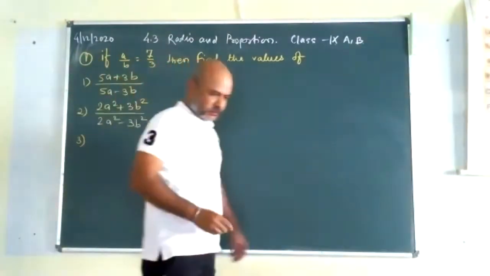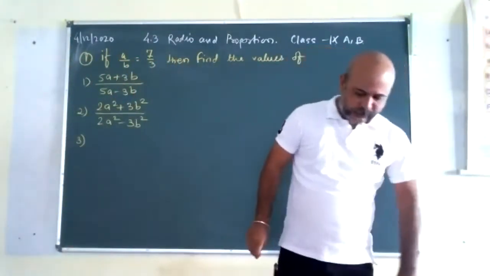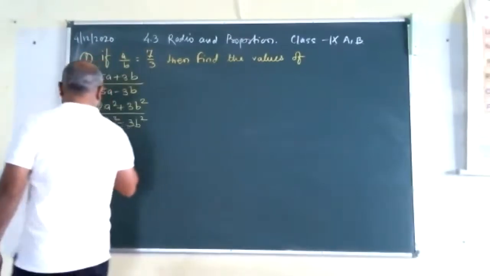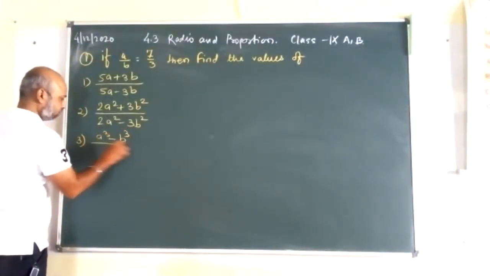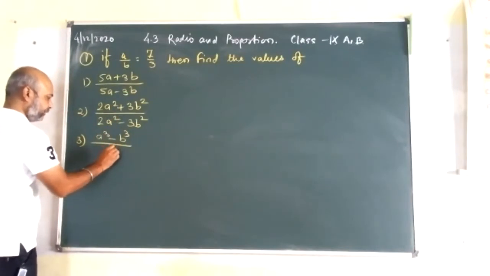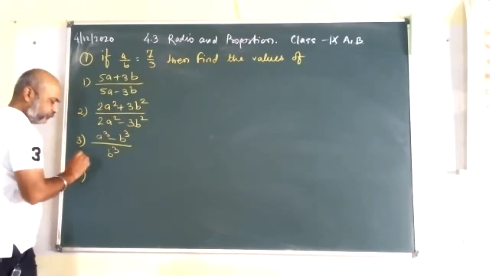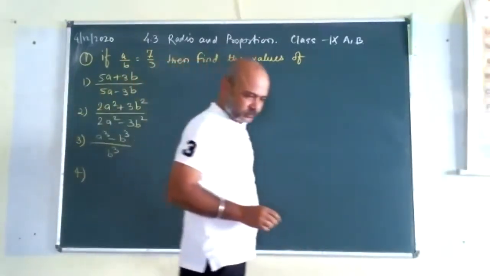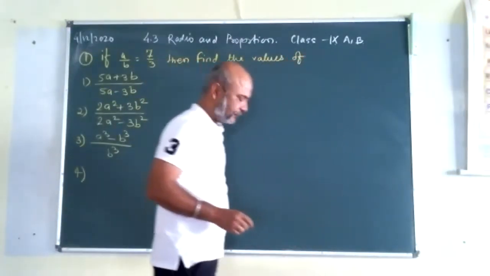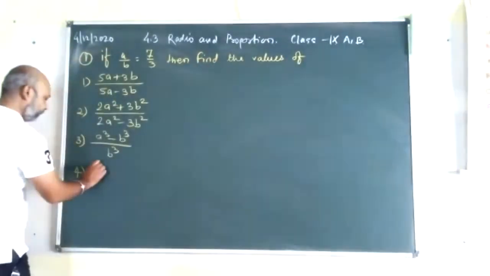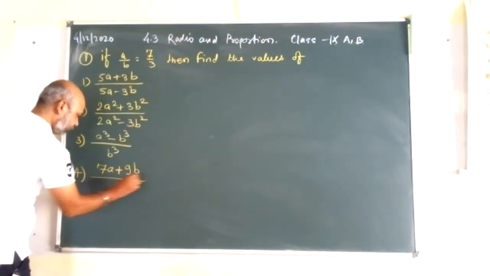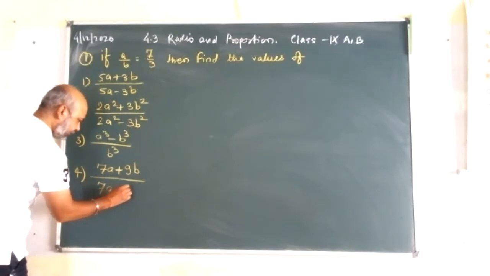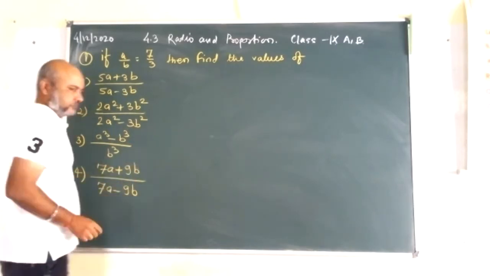Third, A cube minus B cube upon B cube. And fourth, 7A plus 9B divided by 7A minus 9B.